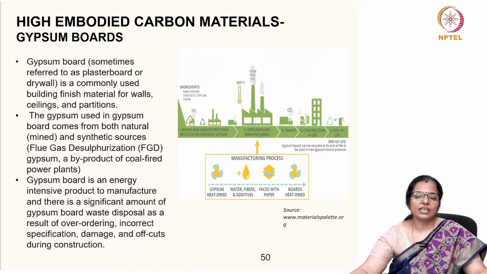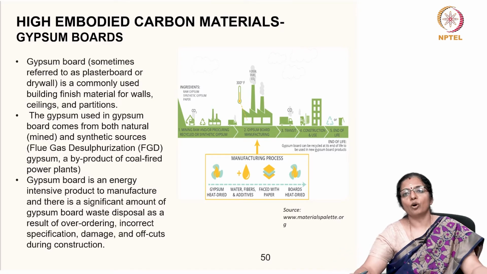People need to realize that wasting a high embodied energy, high embodied carbon building material is equivalent to adding that much more carbon to the usable building material, making it even further high embodied carbon.